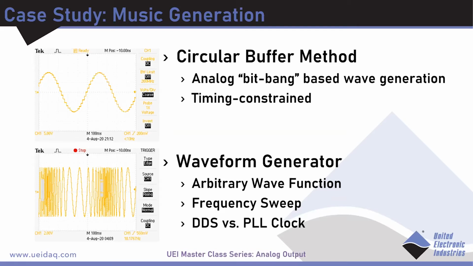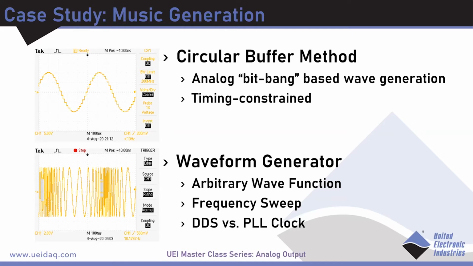You can simply provide it the number of periods that you want to sweep over, and it'll handle the rest. And of course, for music, this is optimal, because if your song or whatever other sound you really want to generate has certain changes in frequency, then implementing those changes becomes easier.